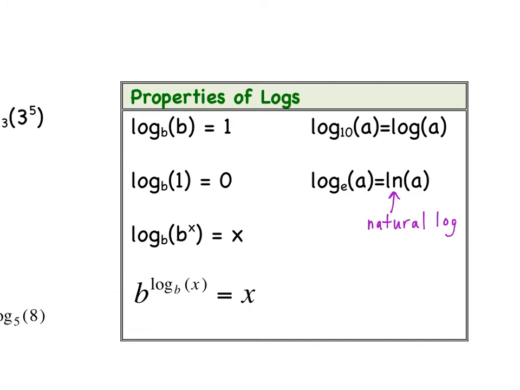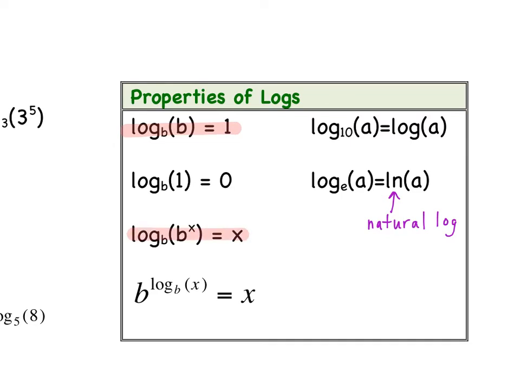You should familiarize yourself with some of these properties of logs. Now, these are just shortcuts, and we could always work our way around these if we didn't necessarily remember. So, if we have log base b of b, we can go ahead and say that equals 1. When the base of your log is the same as the base of your argument, you're left with your power. That goes hand in hand with this one right here.